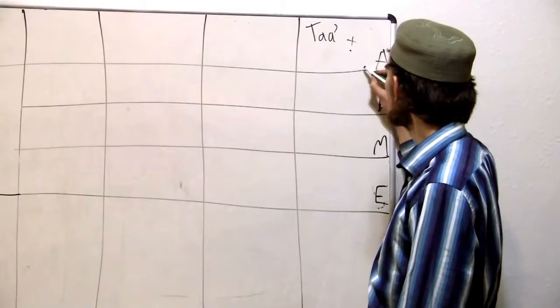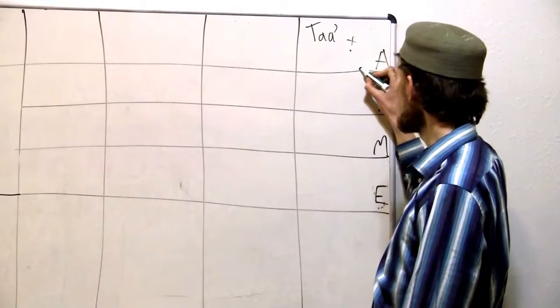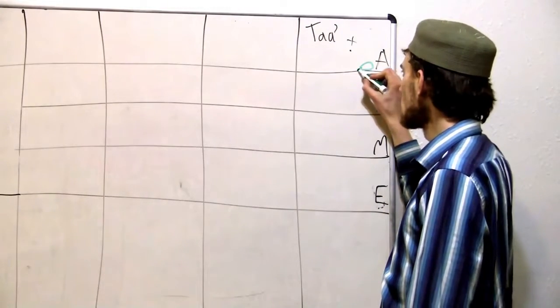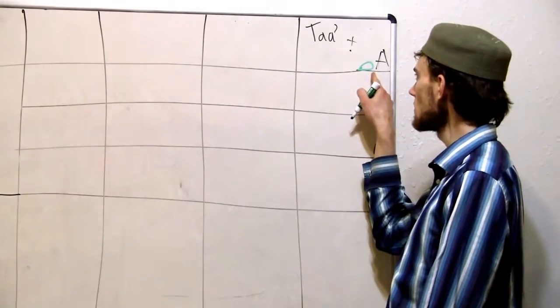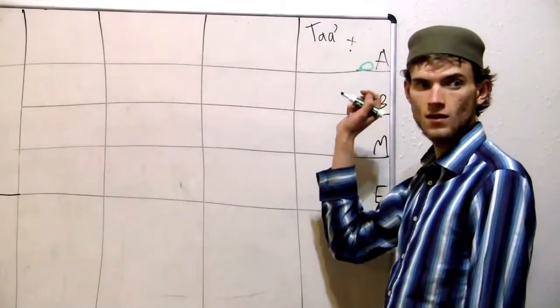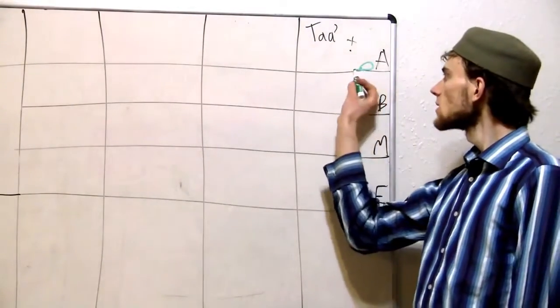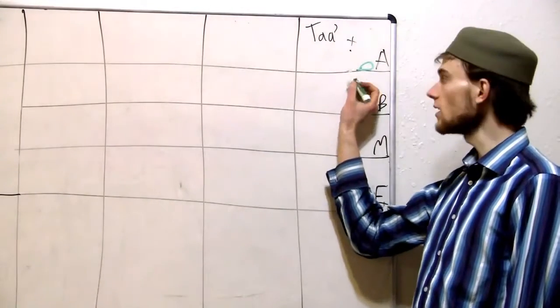Just like we started with the Sad or the Dad, we make that similar kind of loop back that's narrower on the left and rounder, more curved on the right. So we make that curve and go a little bit past the curve on the line.